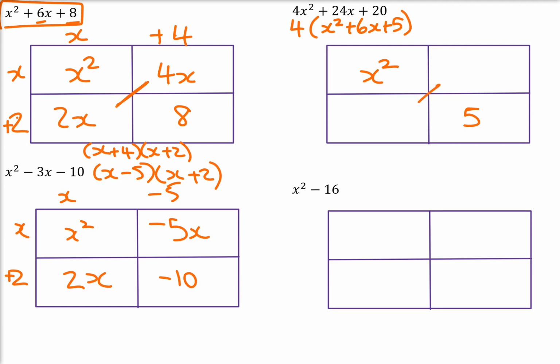What are going to be there? 5 and 1, because 5 times 1 is 5, and 5 plus 1 is 6. Okay, so that leaves you with x plus 5 and x plus 1, sorry, all times 4. Yep. Happy with that? Okay. Next question, because these are where it gets harder.